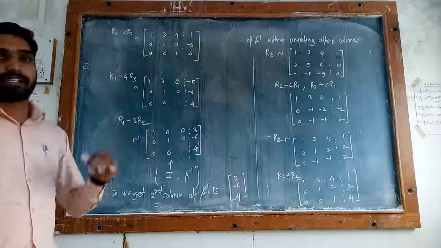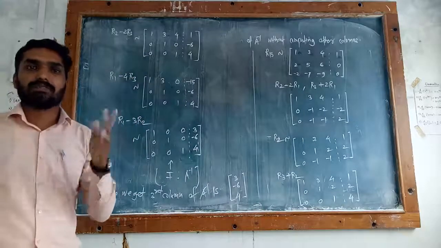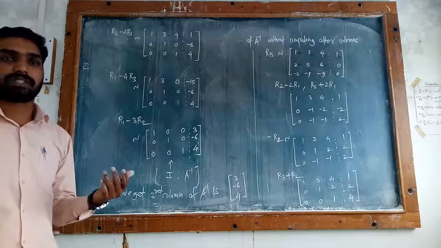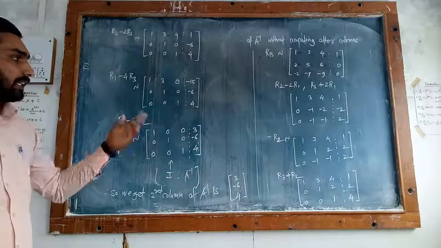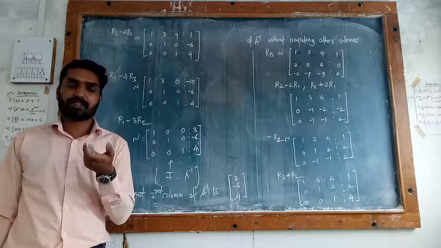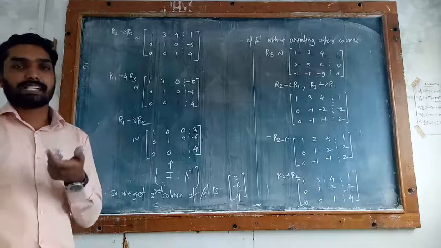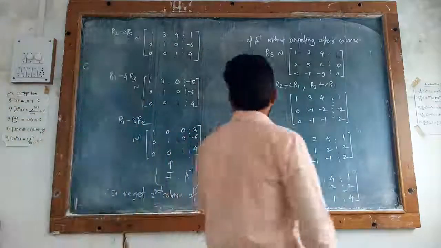So I guess we have to understand both examples. Suppose we are given another question, some matrix A, and we have to find the first and second column of A inverse. For that procedure, we have to take the matrix equation.